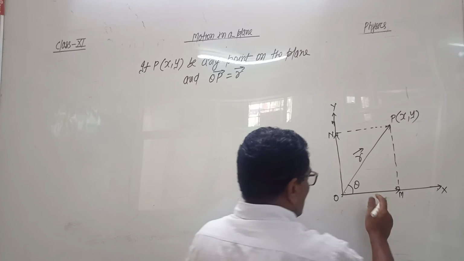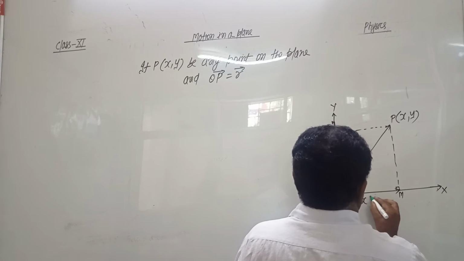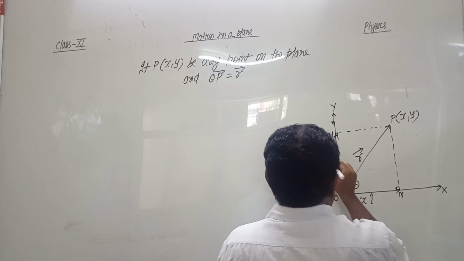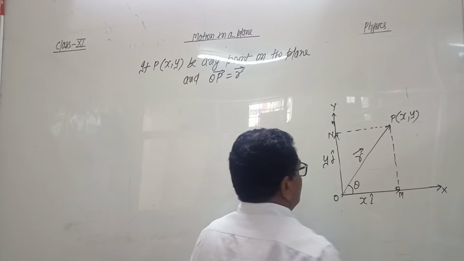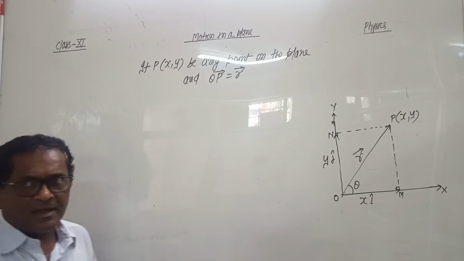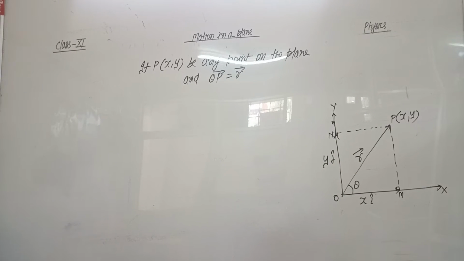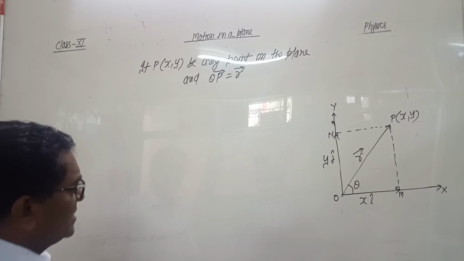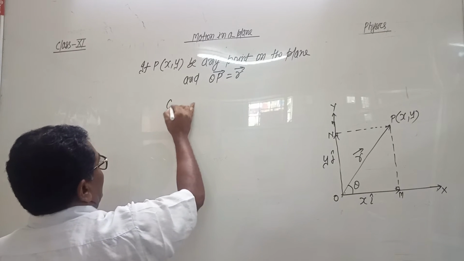So the horizontal component is represented by x i cap, and the vertical component is represented by y j cap.